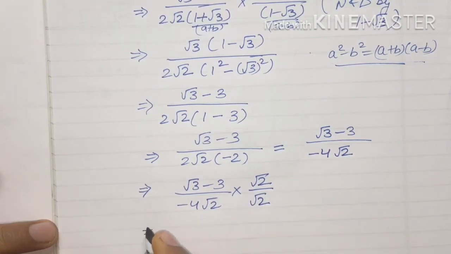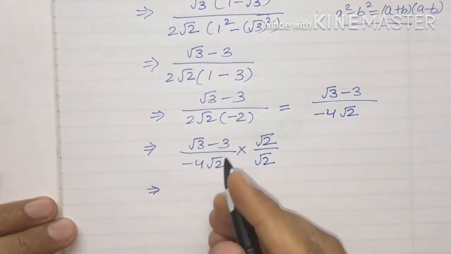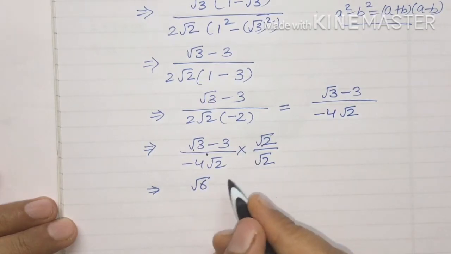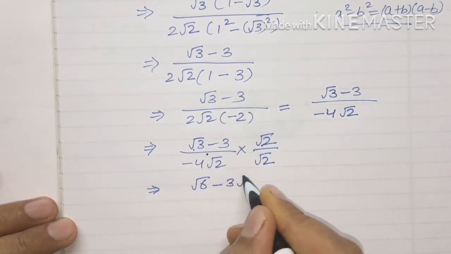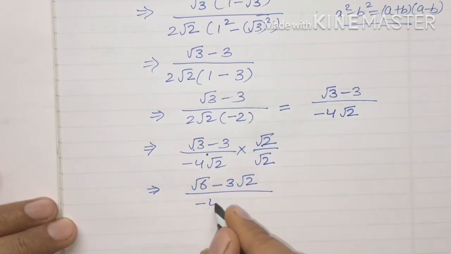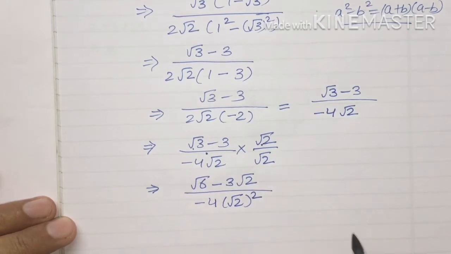So again we have to multiply these. When we multiply root 2 with this, it will be root 6, 3 2s are 6, minus 3 root 2 upon minus 4 into root 2, and root 2 into root 2 means root 2 square.